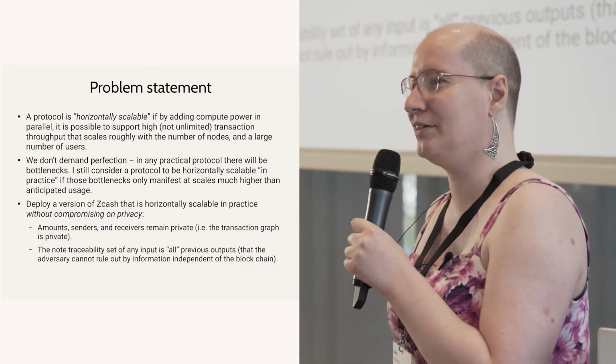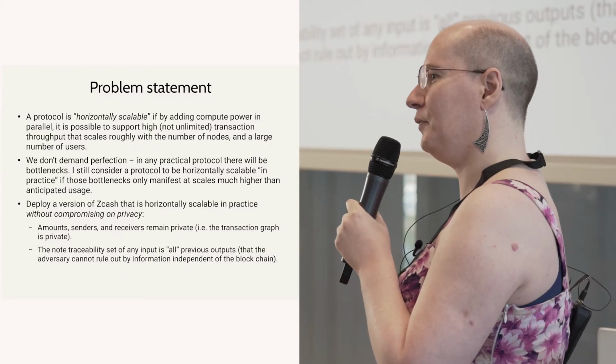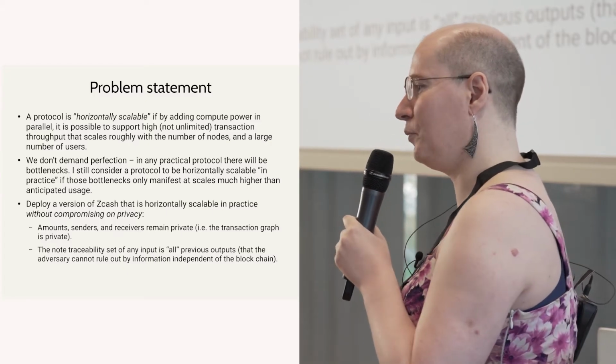It turns out that doesn't actually give you the privacy that you want. Whereas in Zcash, any input could correspond in principle to any previous output that the attacker doesn't control.